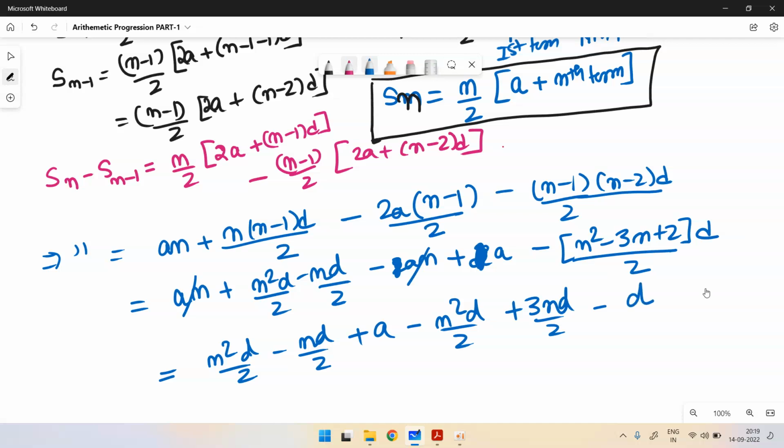So from here what you get is this n square d, this n square d gets cancelled, and if you add this 3n d by 2, this will become d.